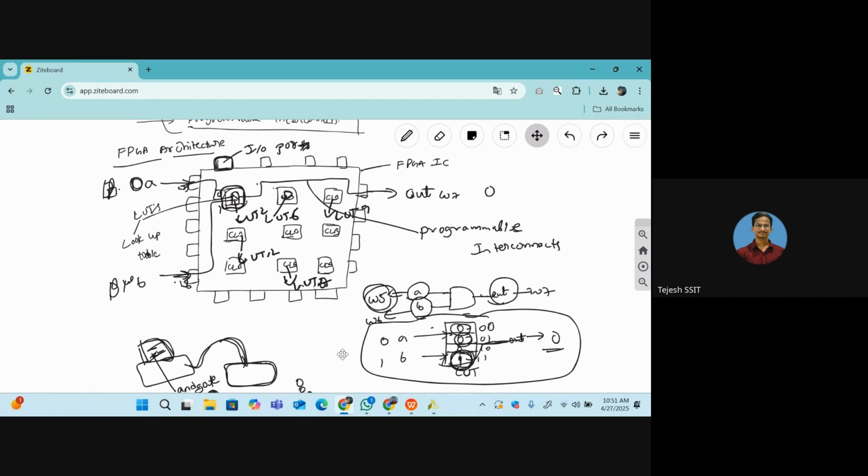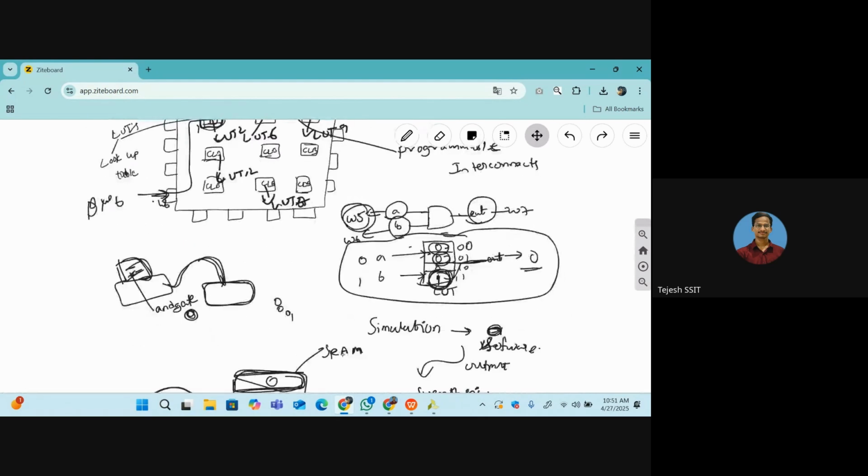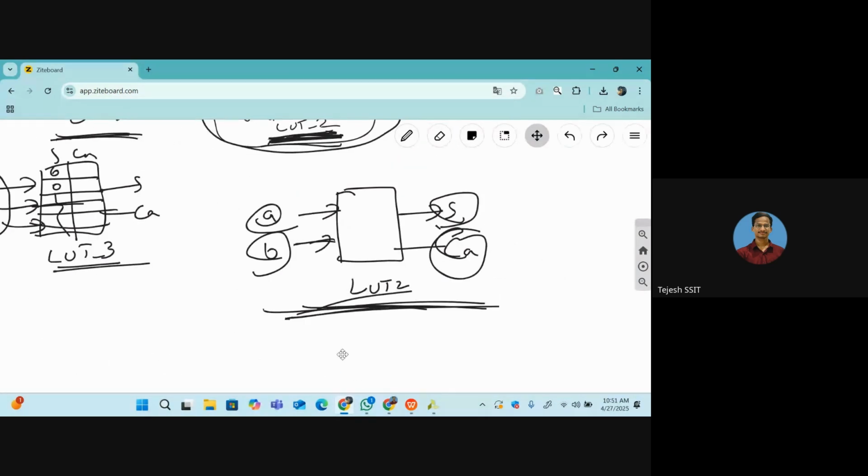Why did they not connect to the half adder LUT? They have two inputs, and this is the half adder. Why did they not get confused? How can they exactly connect it to this LUT2 with one output? They can choose two inputs and one output. Why didn't they choose the half adder like LUT2?